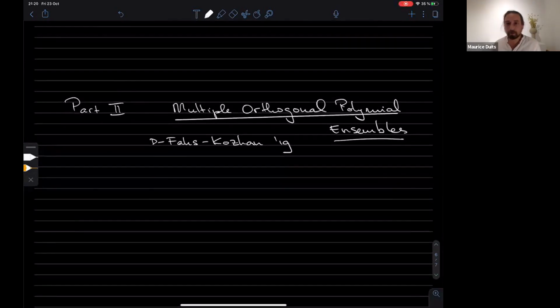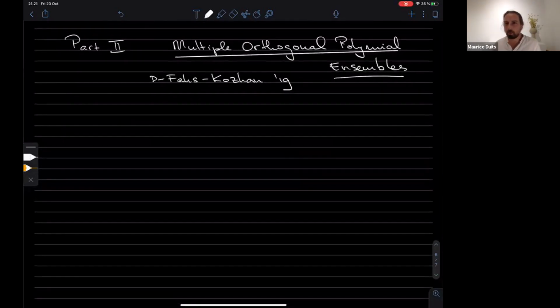Now I guess that not many of you are familiar with the concept of multiple orthogonal polynomials, let alone multiple orthogonal polynomial ensembles. But I think that most of you have seen some models that actually are multiple orthogonal polynomial ensembles without them being called like that.